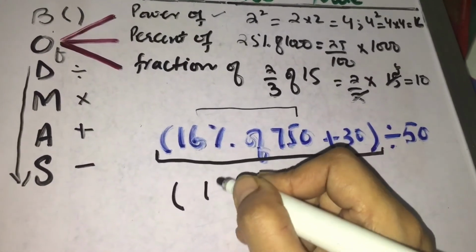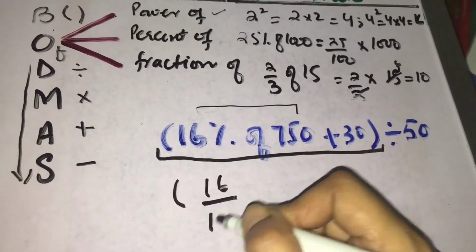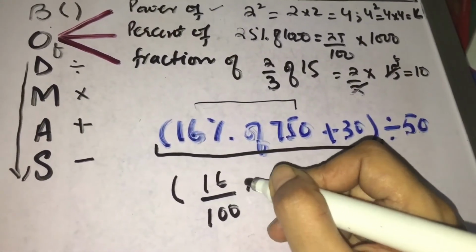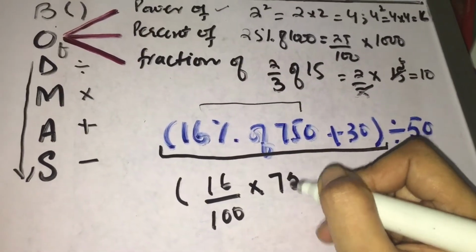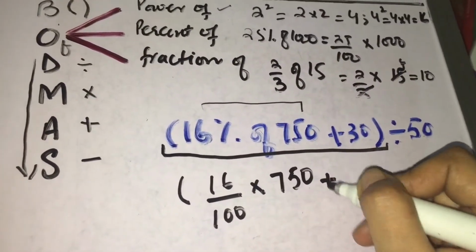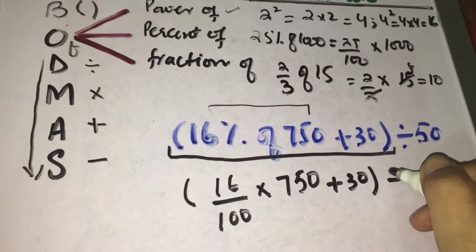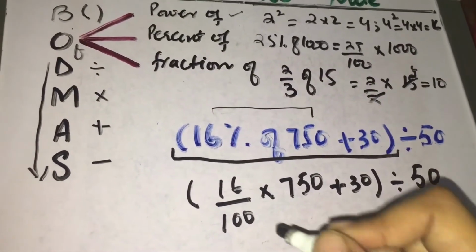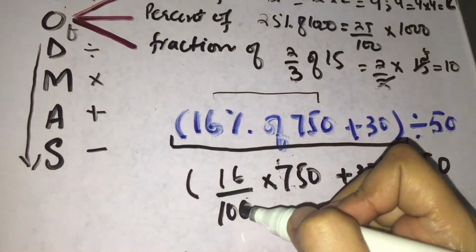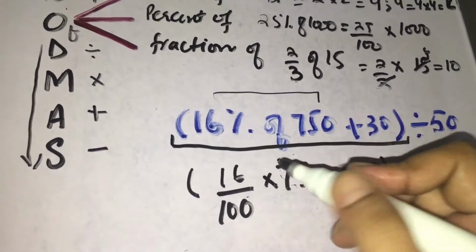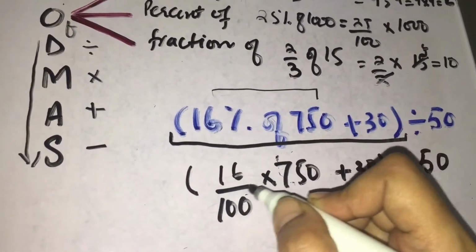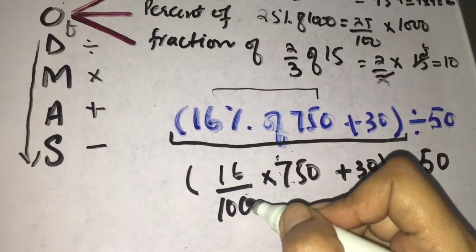So 16% means 16 upon 100, of means multiply, and then 750 plus 30 divided by 50. Now this is 16 upon 100 multiplied by 750. So I will multiply this first.